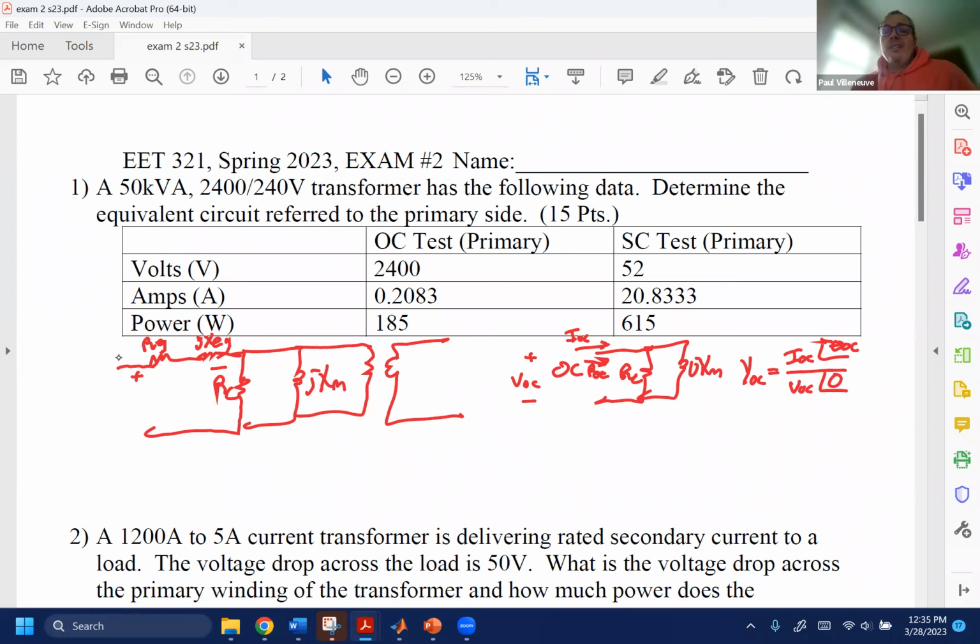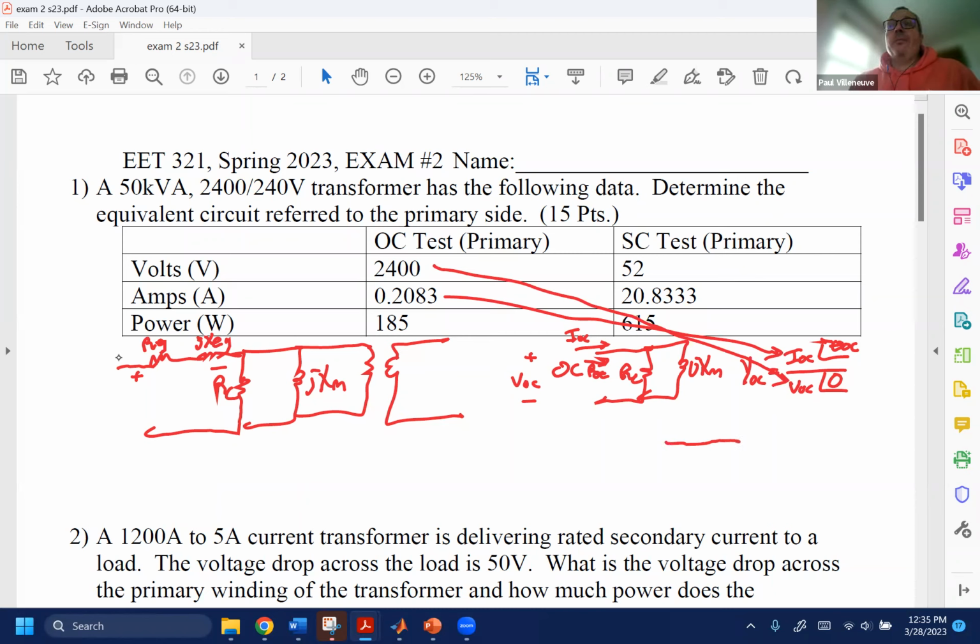So I have my open circuit current and my open circuit voltage. I do not know my theta open circuit, so I have to draw a power triangle.